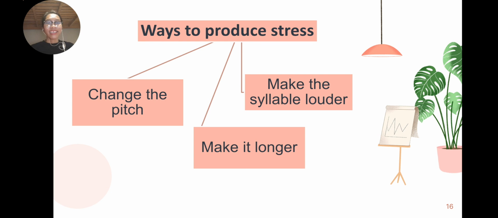And lastly, there are simple ways to produce a stress. So when we produce a word stress, we have to change the pitch of the syllable, we have to make the syllable louder, and we have to make it longer.